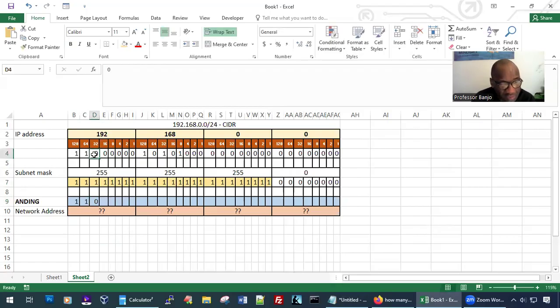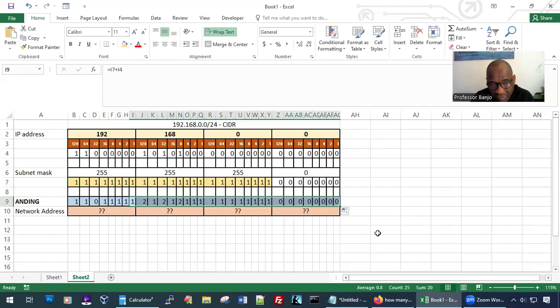If I was to use Excel to make this easier, I'll grab this and do the operation here, and I can just drag that and Excel will finish the job. In fact, I can drag it all the way to the end.